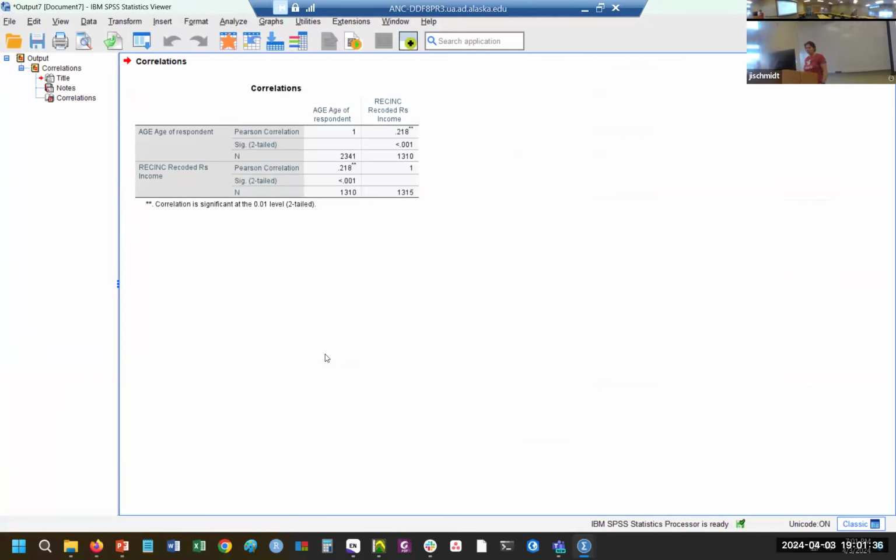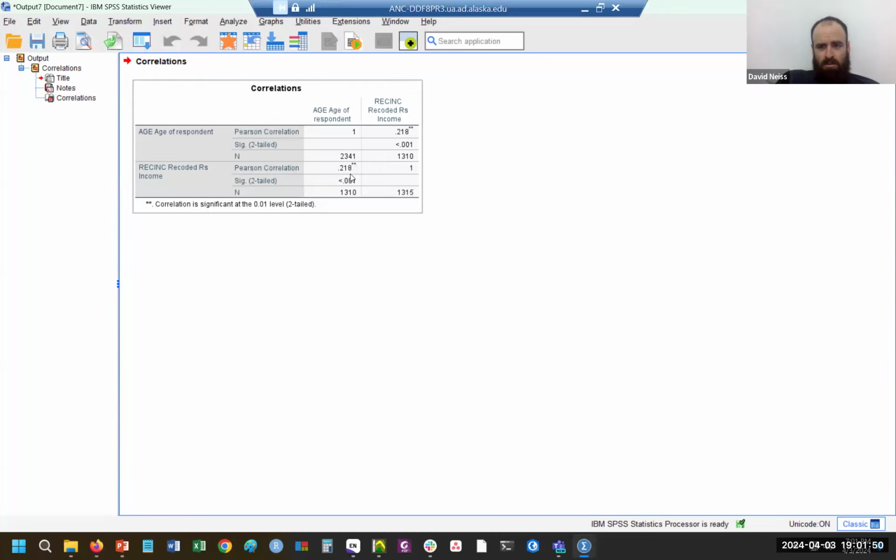And so we see that we have a Pearson's correlation of 0.218. So is that weak? Is that moderate, strong? It's moderate. Yep, moderate. And what percent of the variation is explained by this?